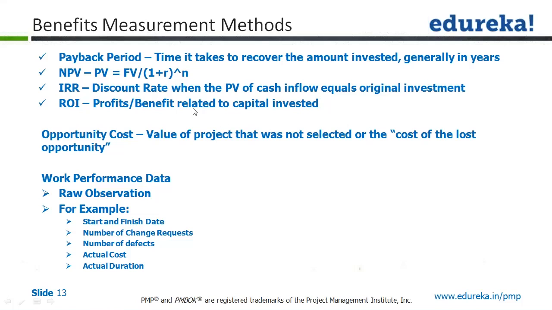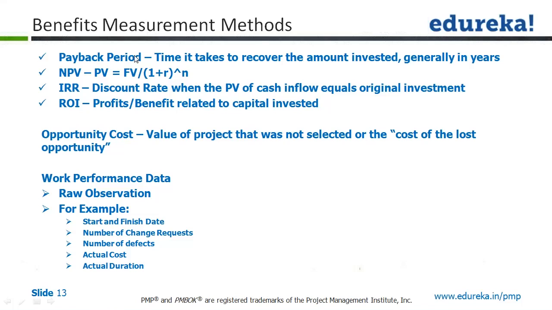The next term I'm going to talk about is called opportunity cost. If I have to explain what the opportunity cost is, it's a very simple word. The opportunity lost is an opportunity cost. So that means if you have two projects in your hand, one project is carrying a value of about $50,000.